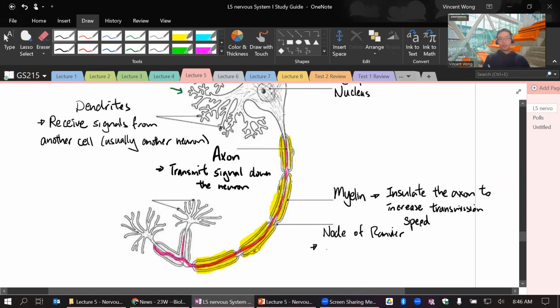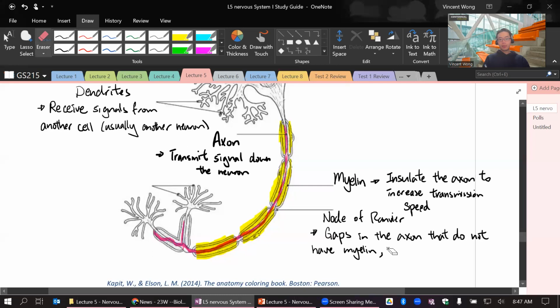So the nodes of Ranvier, they are gaps in the axon that do not have myelin. Okay. And as we will see, the function of the gaps is they allow ion exchange.